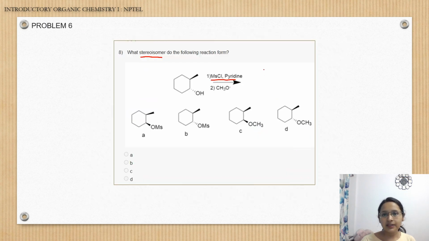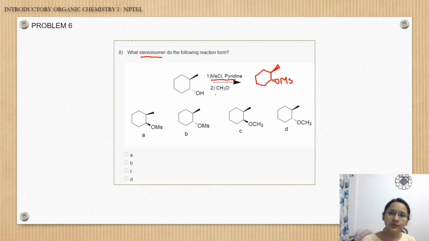So the first step is clear to all of you that yes, here what you will have is this OMs. Now the stereochemistry will not change anyway because I've told you that protections don't change stereochemistry. So this is what you will have now.